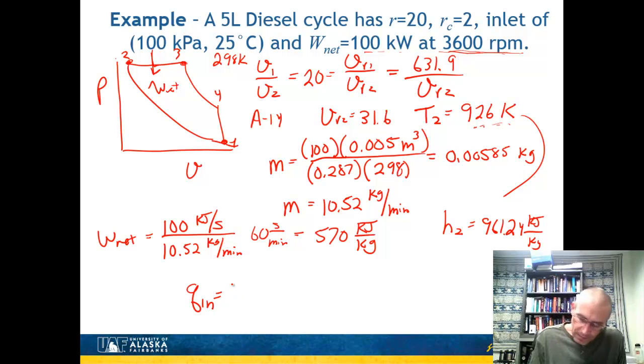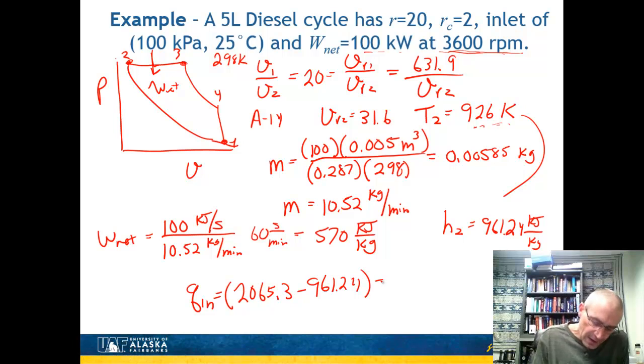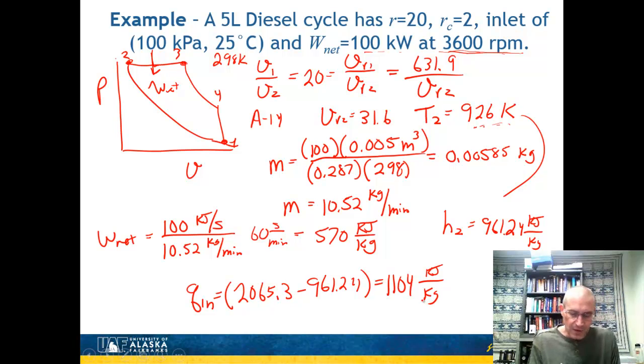Qn is going to end up being equal on a per mass basis of 2065.3 minus the first one, which is 961.24, and that gives me Qn at 1104 kilojoules per kilogram. So there's my W net, and there's my Qn.